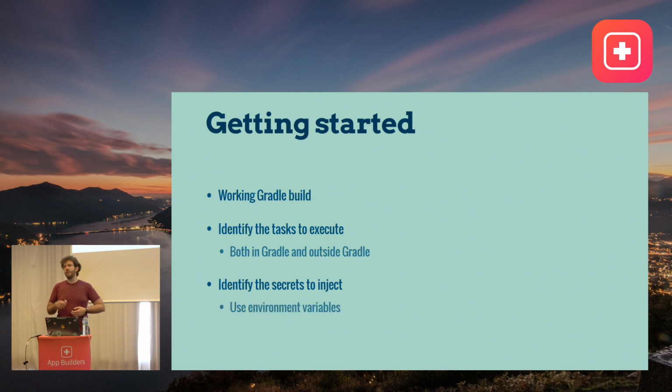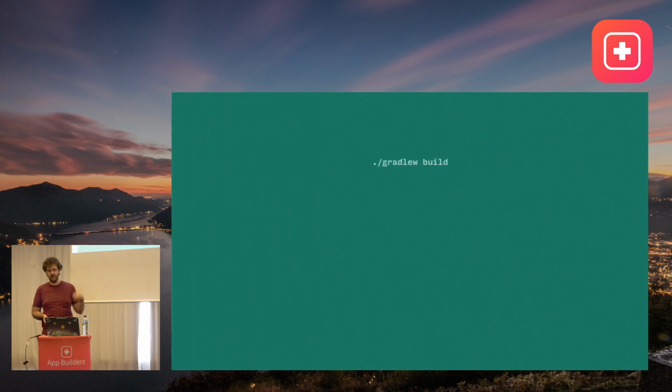For example, it could be anything from key store passwords to API keys, anything really. And the way we're going to be doing this is environment variables. You can also use the mechanism that most CIs provide you, which is to inject things from the configuration panel so that those secrets are not leaked in the configuration file. But for us, it's fine like that.